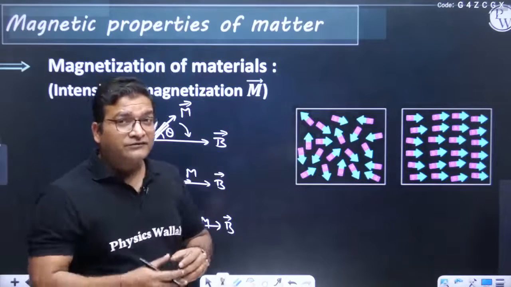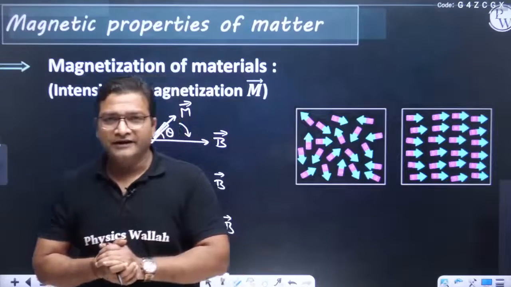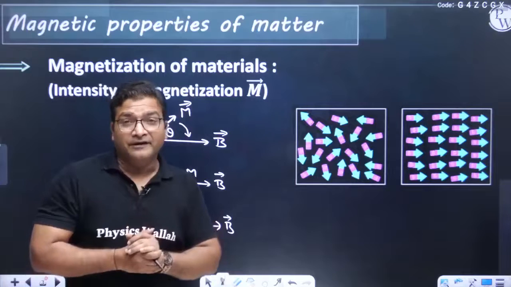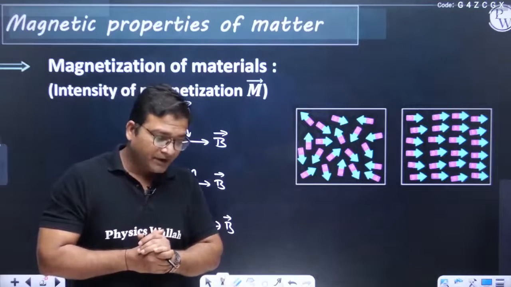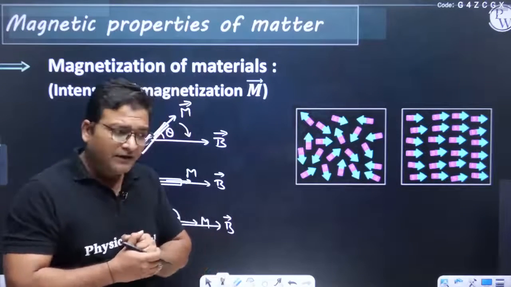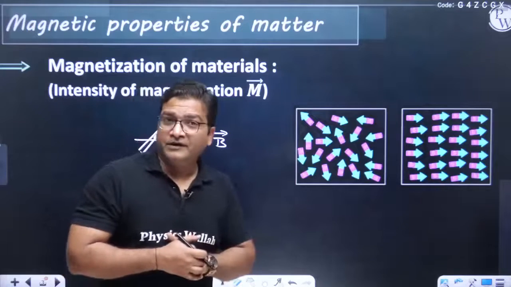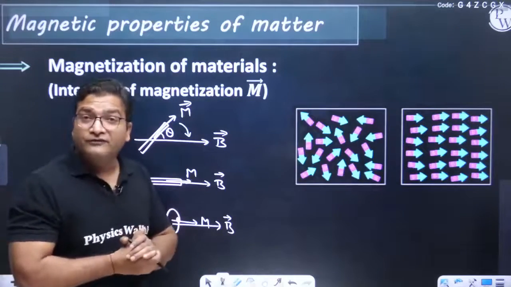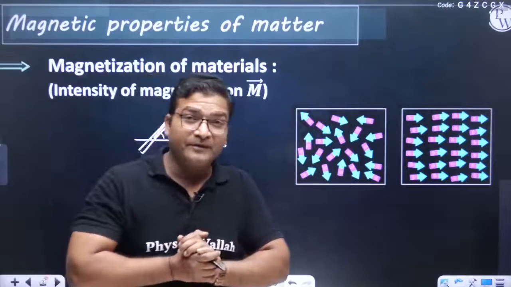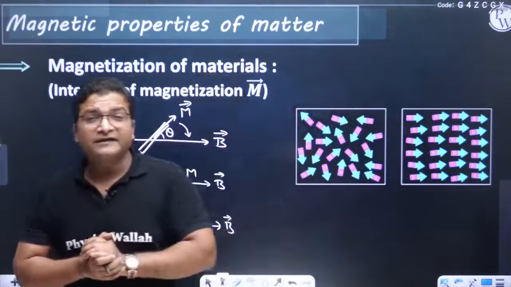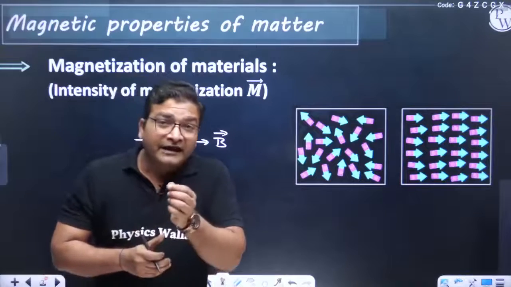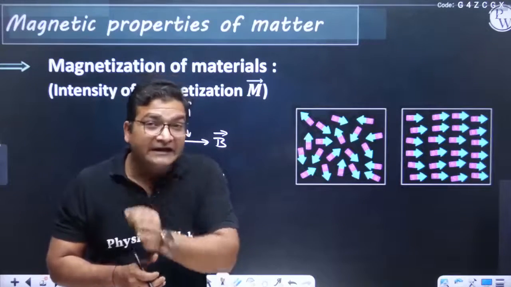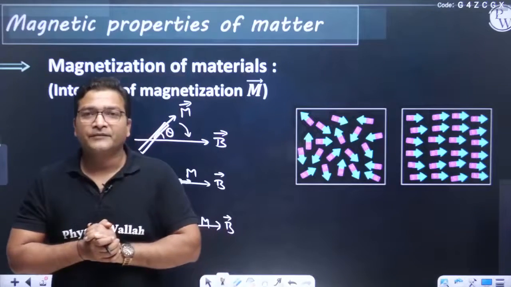Usually electrons are in pairs in every orbit, in every shell, and their spins are opposite, so the current because of one is cancelled by the current because of the other. But in some molecules, there exists an unpaired electron, a single electron in the outermost shell.